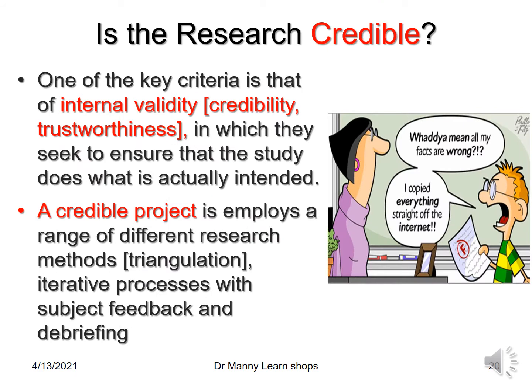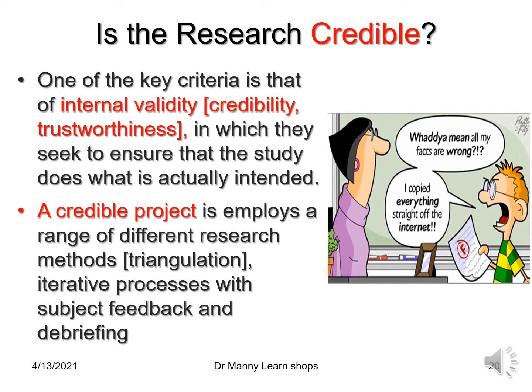The next question is, is the research credible? One of the key criteria is that of internal validity, quantitative terminology. Qualitative is credibility or trustworthiness of the data, in which you as the researcher seek to ensure that the study actually does what it's intended to do.